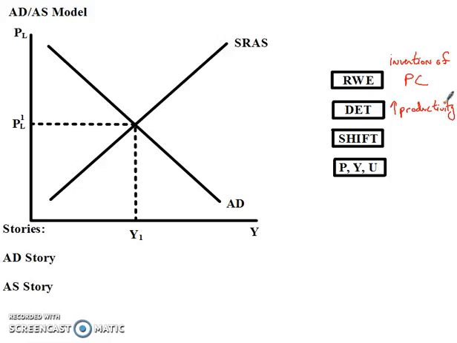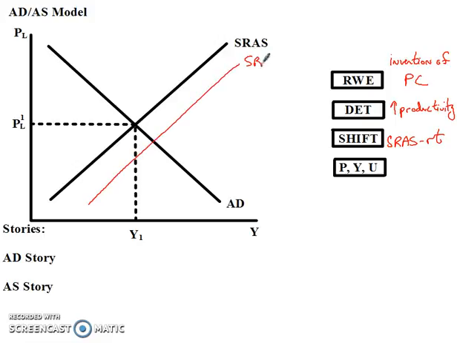People become more productive at work. One worker turns out more output than before as a result of having these machines available, and so that will shift the short-run aggregate supply curve out to the right.